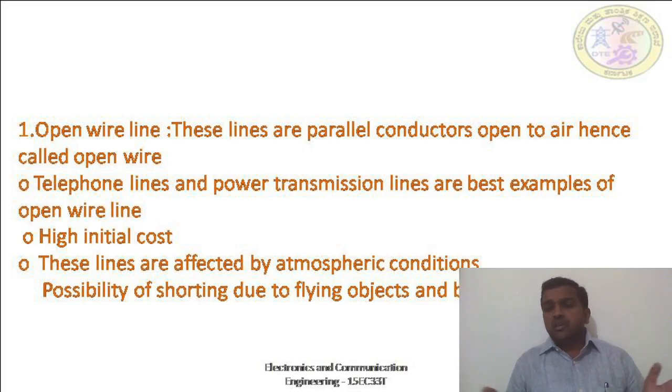Since there is no insulation around the line conductors, there is no dielectric loss in open wire lines. Fields of open wire lines are balanced, meaning electrical and magnetic fields are almost balanced. The only demerit I observed in open wire line is that it is not suitable for operation beyond 100 megahertz, because there will be significant radiation losses.